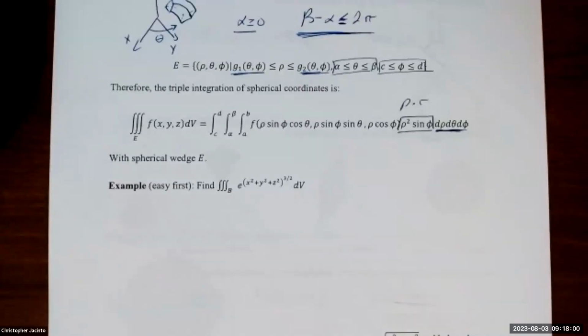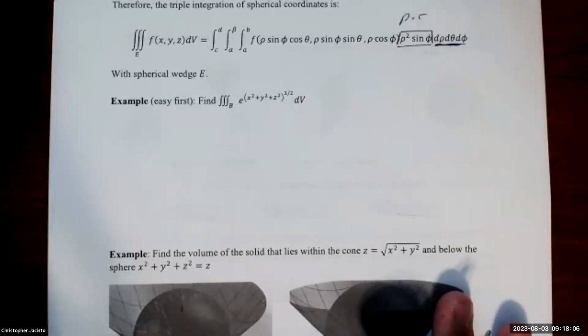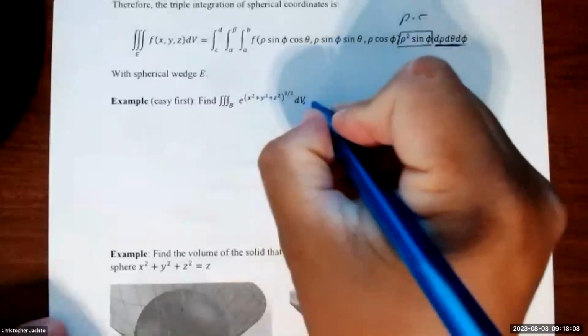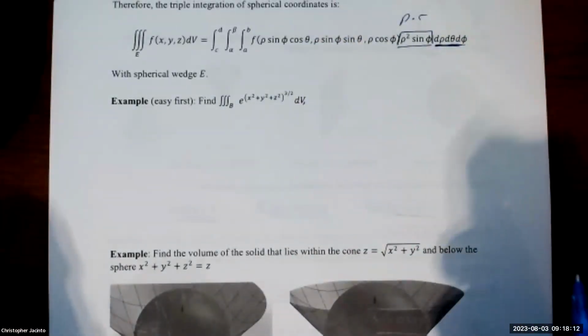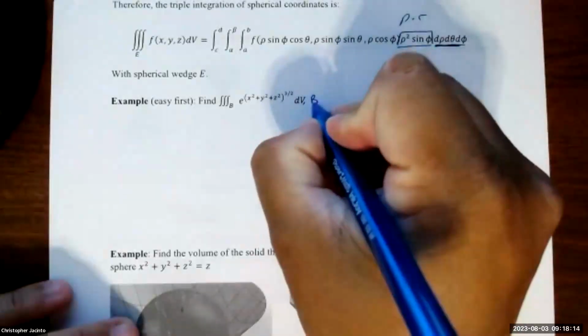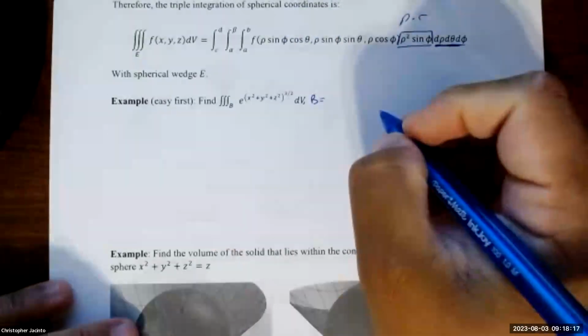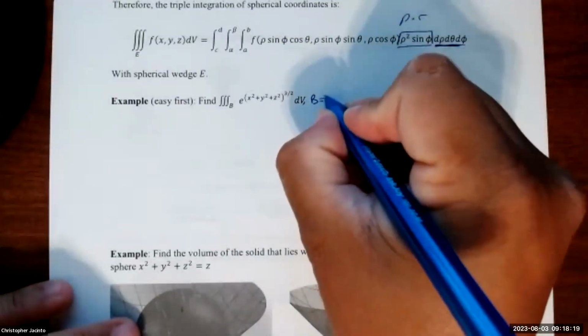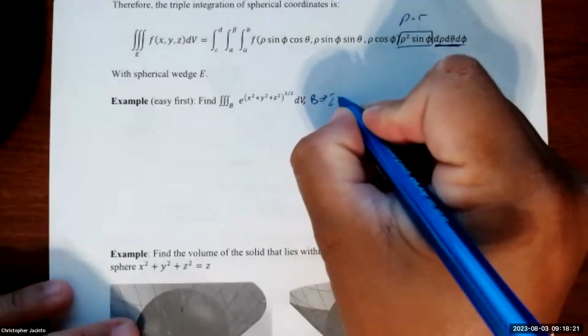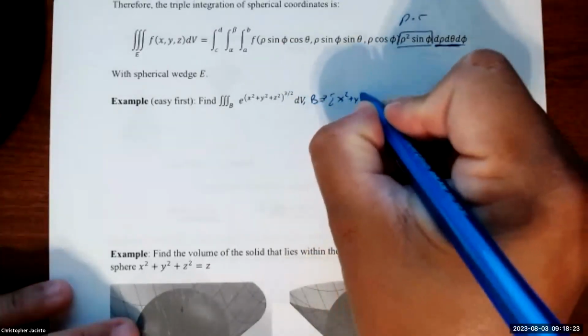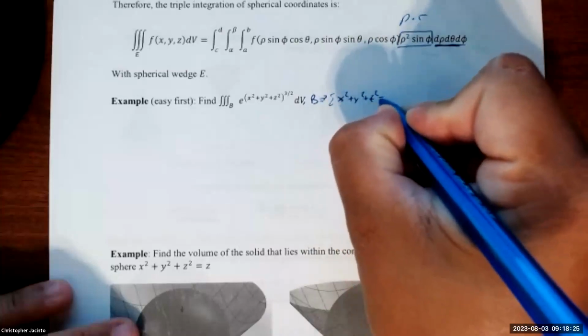Okay. Now I say this laughingly, right? Say easy first, because this may look like a pain. So let's find the triple integral of this ball, where B, this region B, is the ball of x squared plus y squared plus z squared equals 1.